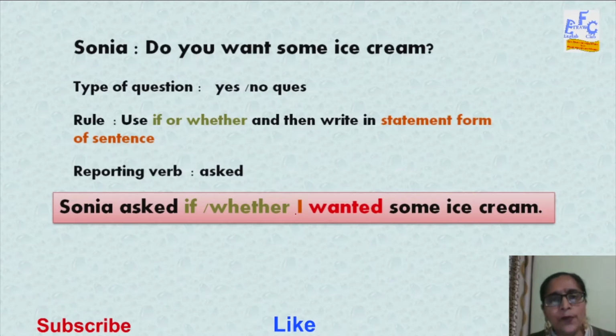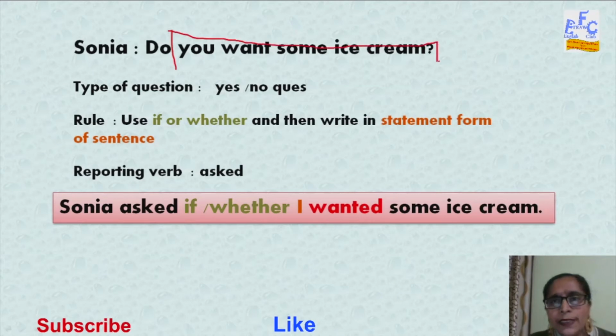Let's look for other changes in the verb forms, tenses, pronouns, etc. If we convert "do you want some ice cream" into a statement, it would be "you want some ice cream", as do is a verb that helps frame the question for the verb want. This is the sentence form.